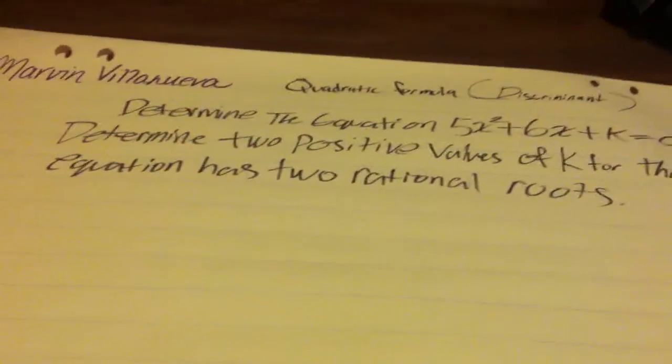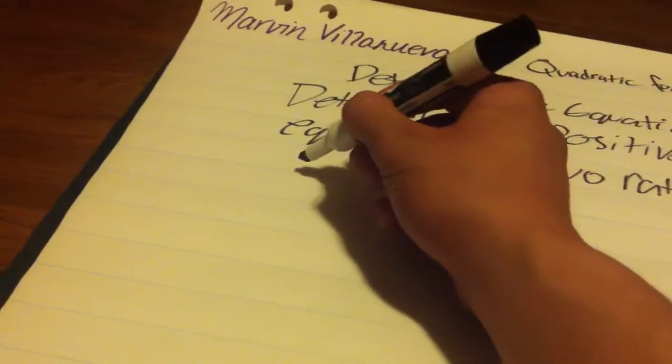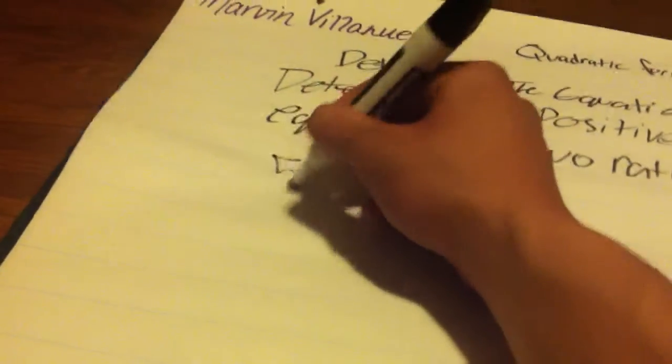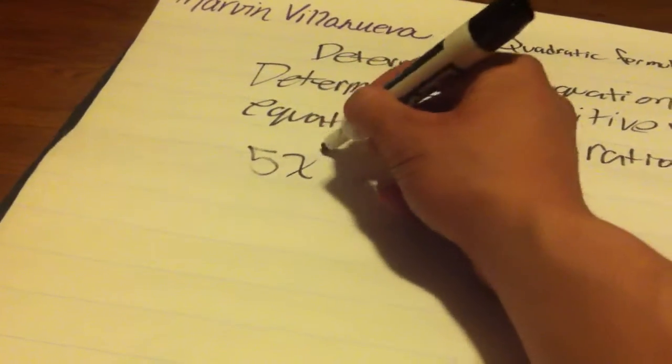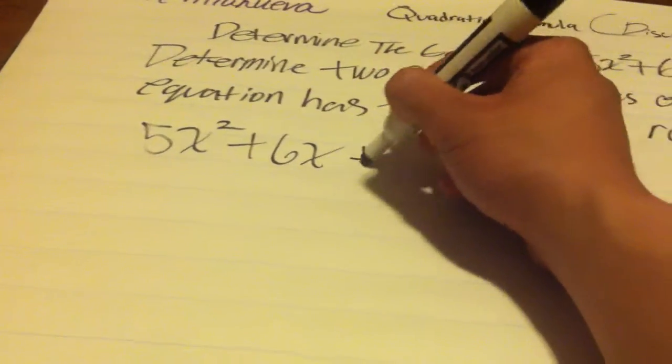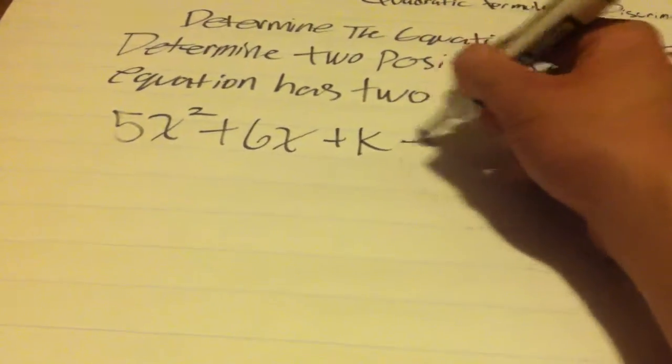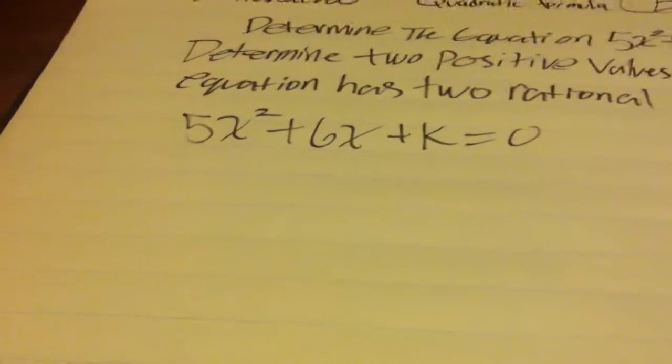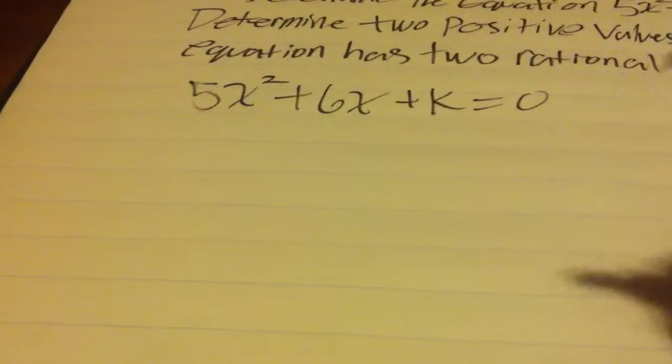So my first step is usually to write down the givens: 5x squared plus 6x plus k equals 0. With that, I write the a, b, and c. So a equals 5, b equals 6, and c equals k.